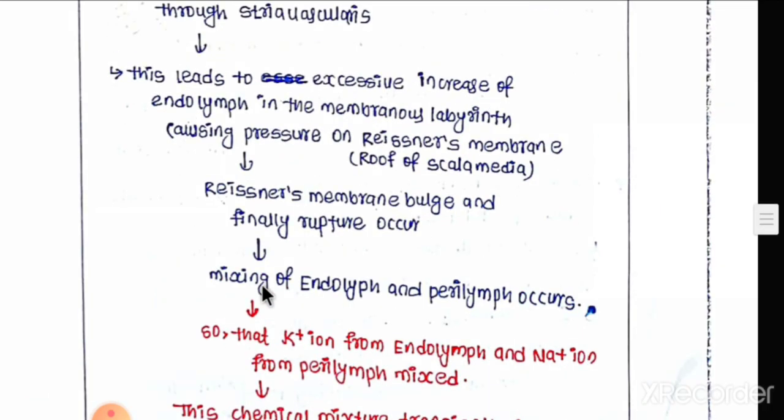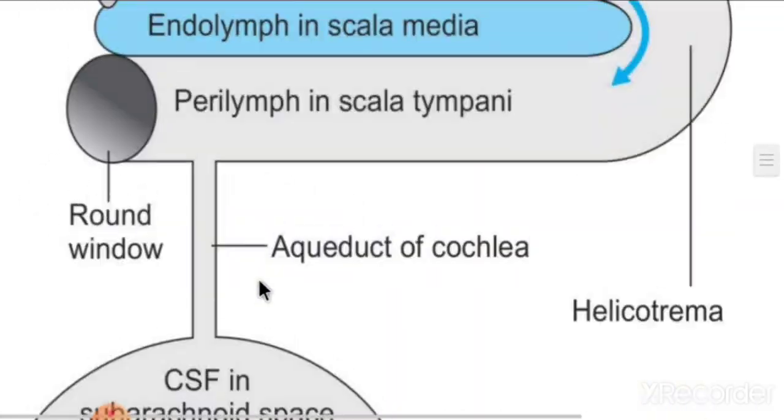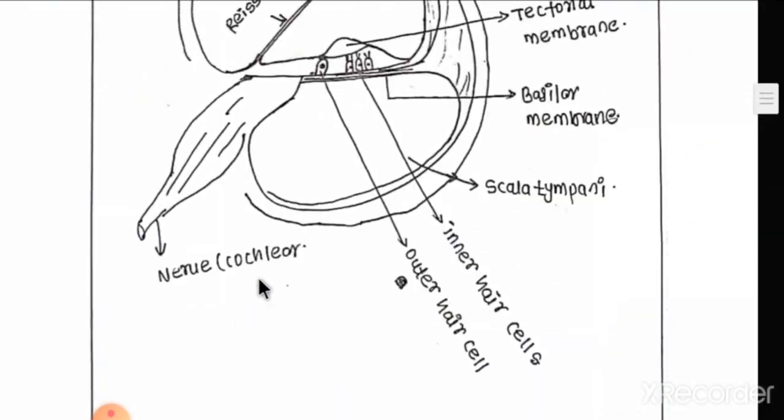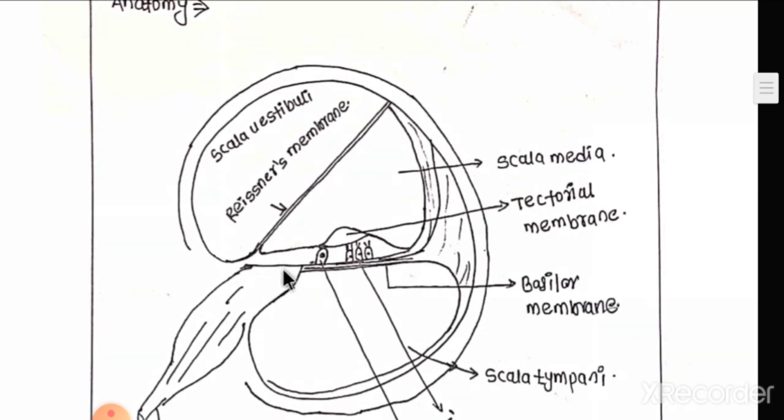Let's describe this from our figure, which we have described already. This is our figure. When there is excessive production of endolymph within the scala media by the stria vascularis, the lining of stria vascularis is here. The excessive production leads to increased pressure within the scala media.